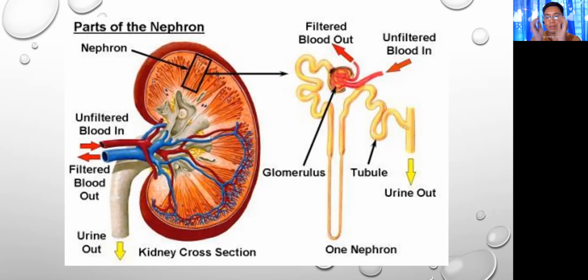So if you have here your glomerulus inside, and then you will have the ones filtering or the ones catching the filtrate, okay? So it will have a massive inflammation.